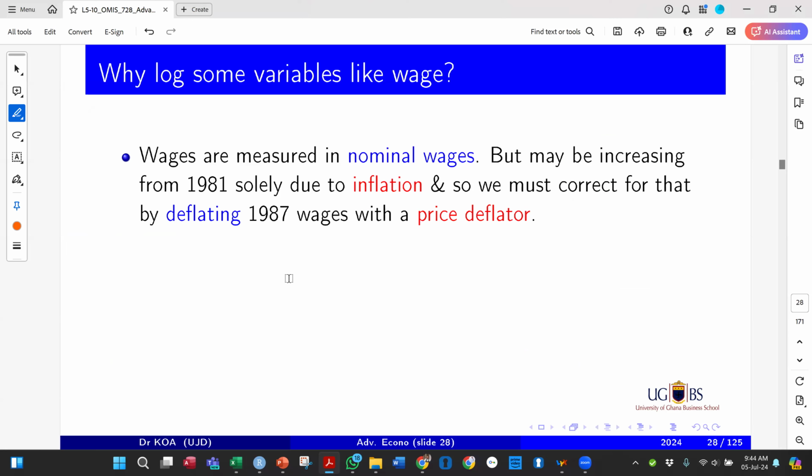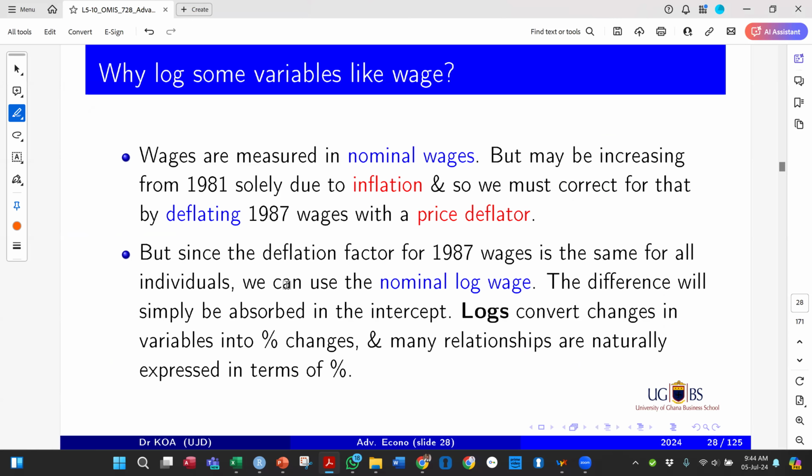So the point we indicated here is that since the deflation factor for 1987 is the same for all the individuals, we can use the nominal log of wage or the real wage. The difference will be simply absorbed in the intercept term.